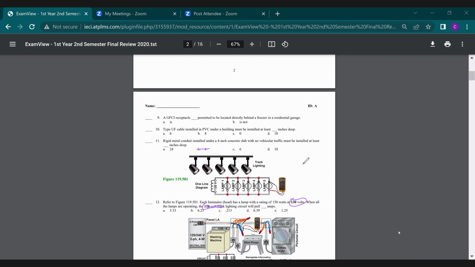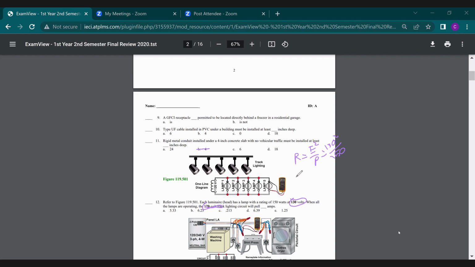Because these are different, we have to find the resistance. R equals E squared divided by P. This is going to be 130 squared divided by 150. Remember, when you're finding the resistance of an element, going off of the nameplate, you use the nameplate voltage.